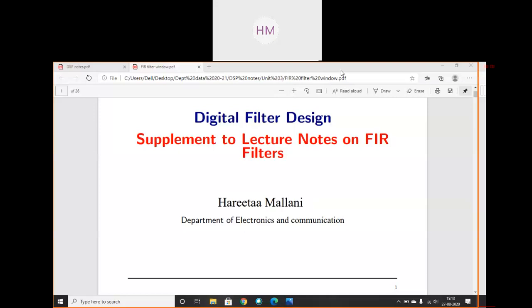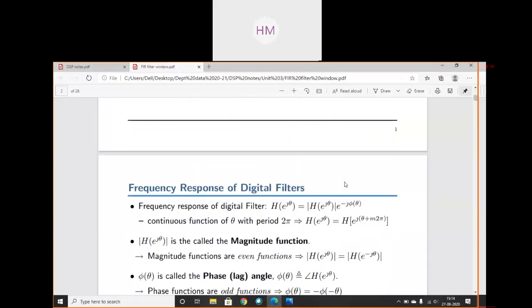If I want that in a particular circuit, the frequency range from 100 kilohertz to 150 kilohertz should be passed, and the remaining frequencies should be attenuated, then which device will I use? I will use a filter. A filter is a frequency selective circuit. So we will start with digital filter design.